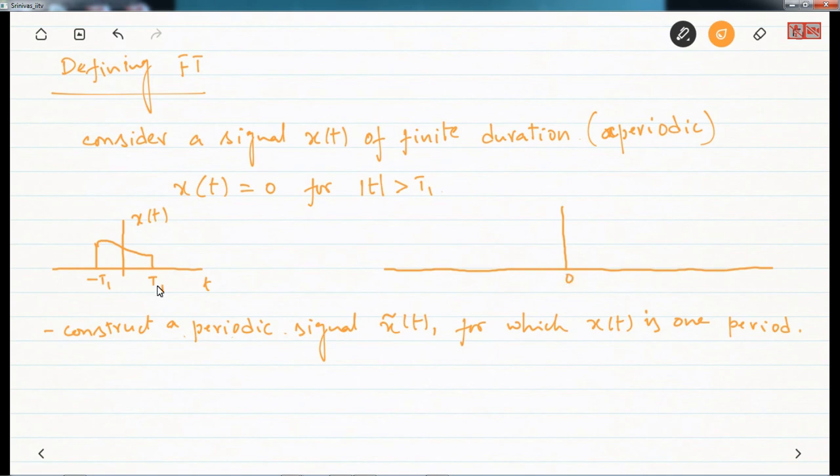Say this is 0, and this is t1, this is minus t1, and we are constructing x tilde of t. So minus T, plus T, this is 2T.